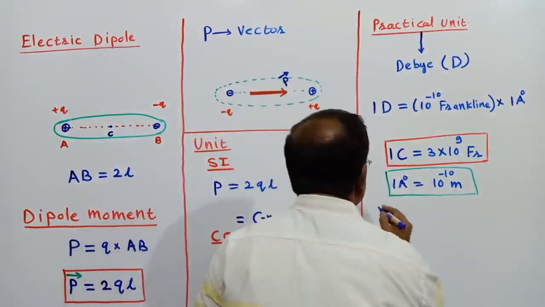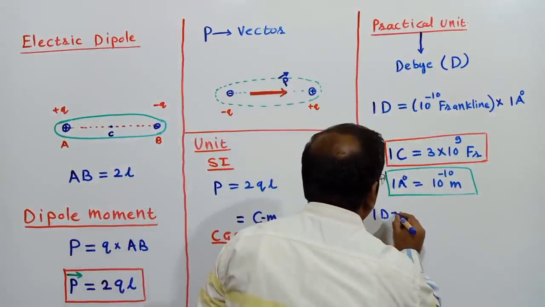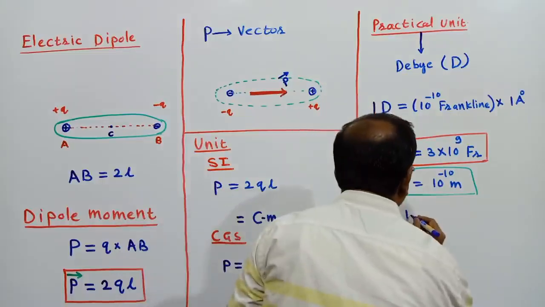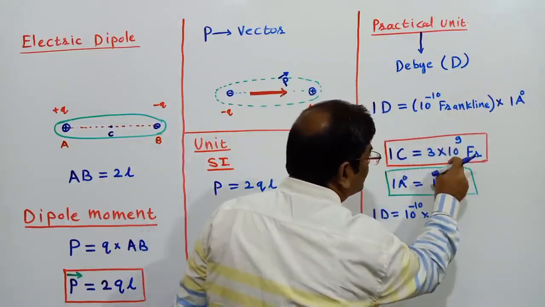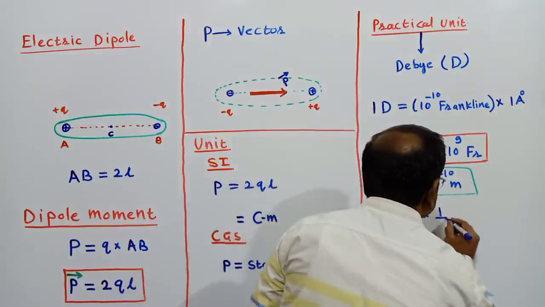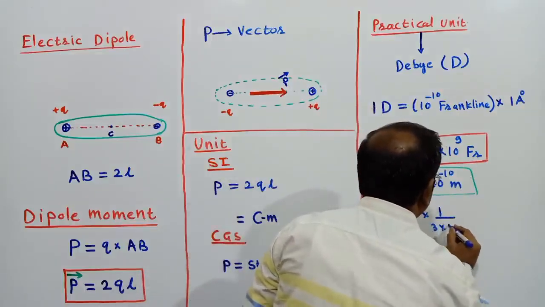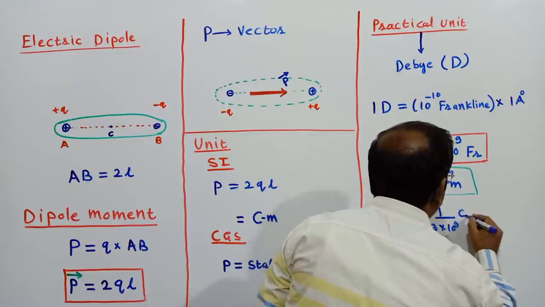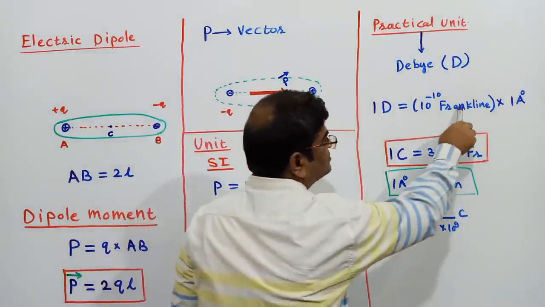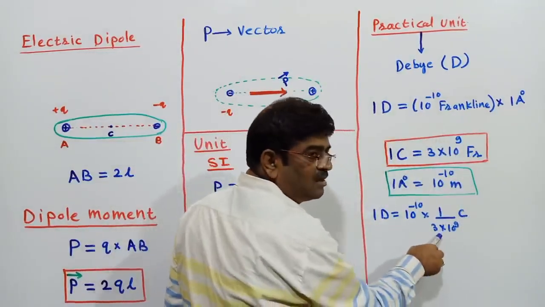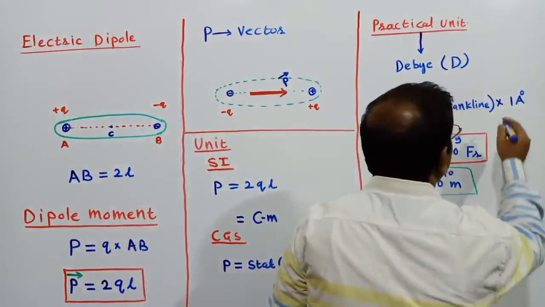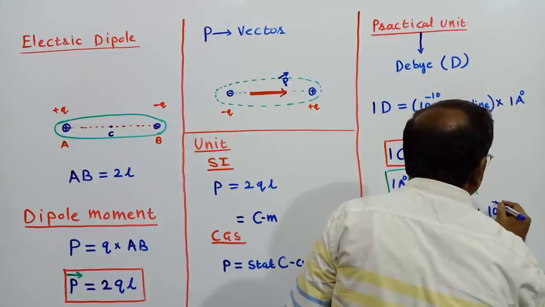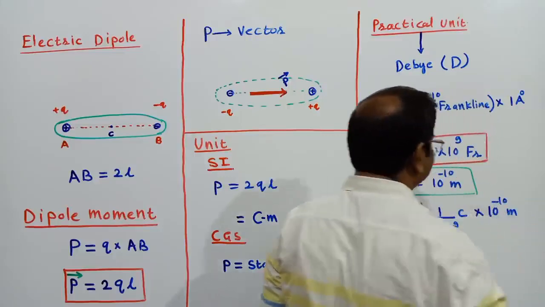So this gives me 1 Debye equals 10 to the power minus 10, as it is, into this Franklin, which I am converting into coulomb, that is 1 by 3 into 10 to the power 9 coulomb, into 1 angstrom, 10 to the power minus 10 meter.